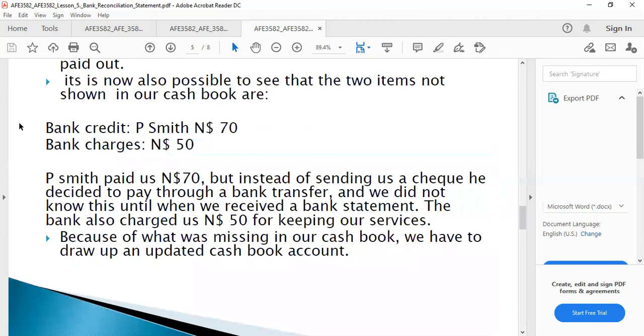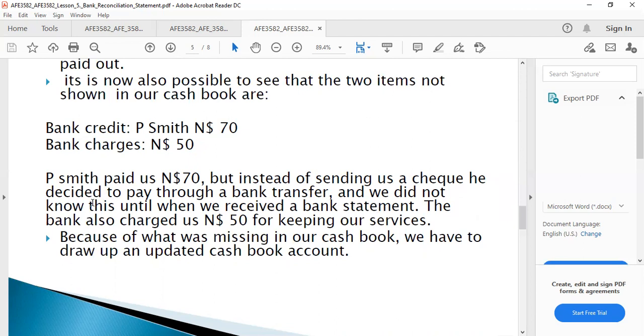Now, for example, you are told that it is now also possible to see that the two items not shown in our cash book are the $70 from P Smith and the bank charges of $50. So P Smith paid us $70, but instead of sending us a check, he decided to pay through a bank transfer.